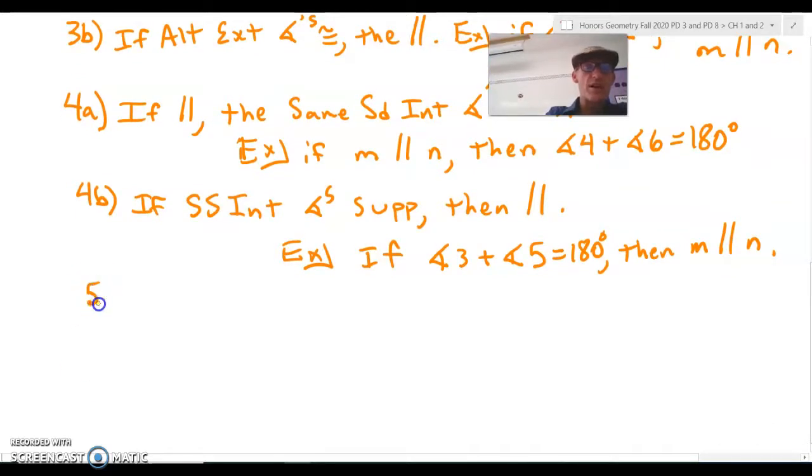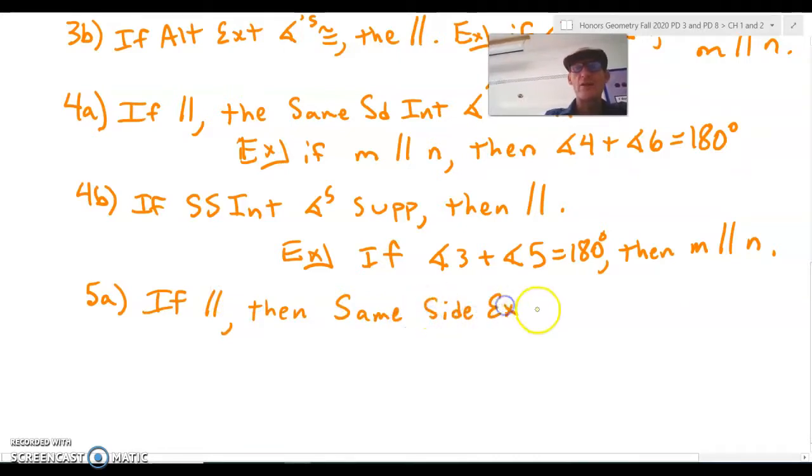Last two, 5A, I'm going to do the parallel one first. If parallel, then same side exterior angles supplementary.